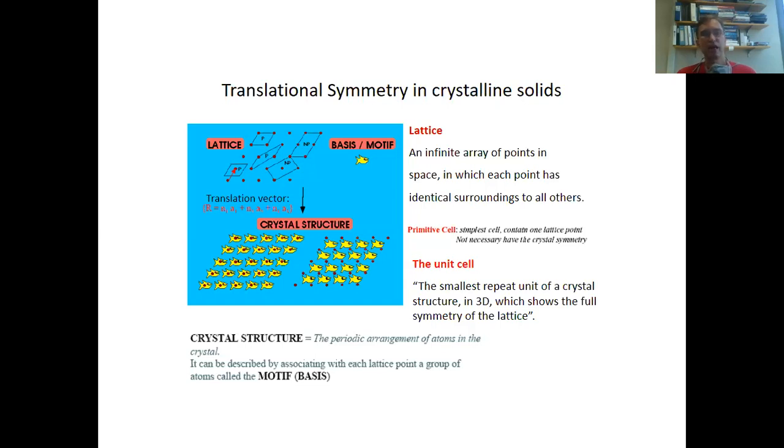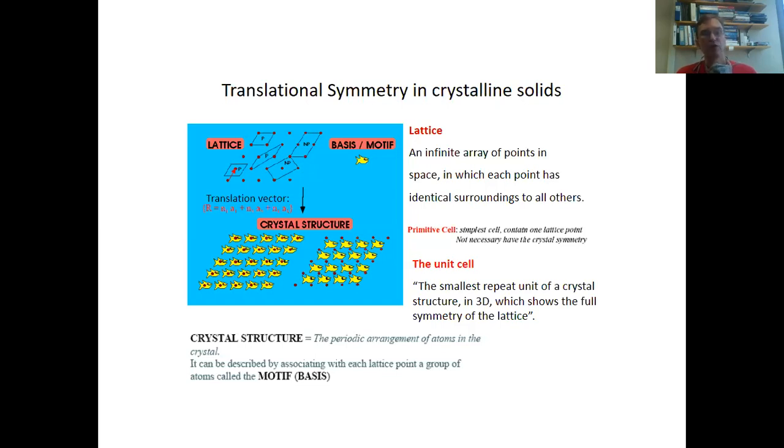Within that lattice, there is the basis, or the motive, which is nothing else but the atoms within the lattice. The atoms can sit on the lattice points, but not necessarily. They can also sit in between the lattice points, but they have to follow the translational symmetry of the lattice.